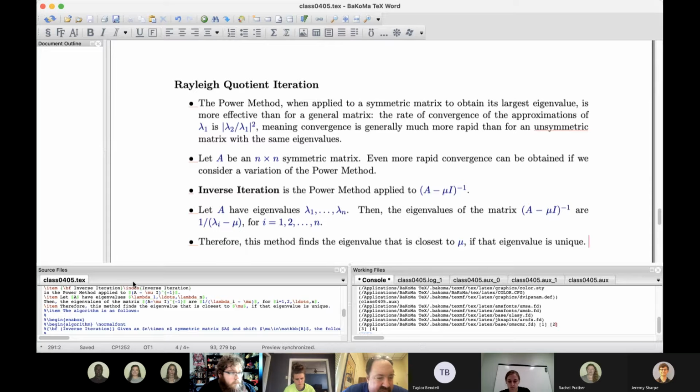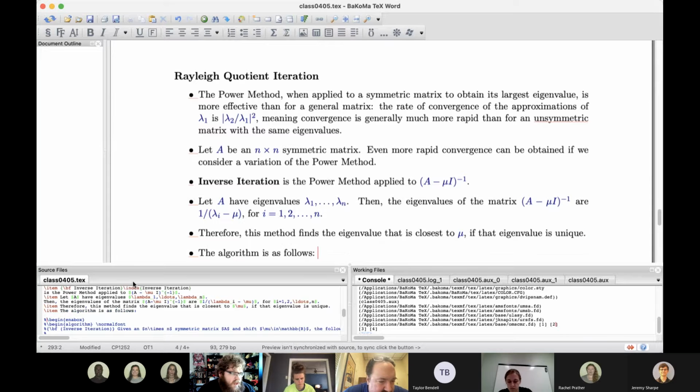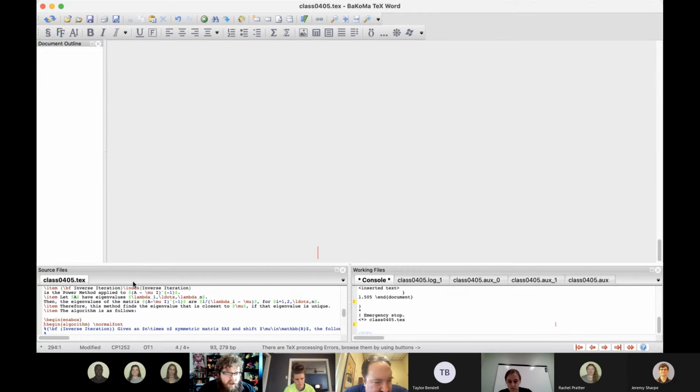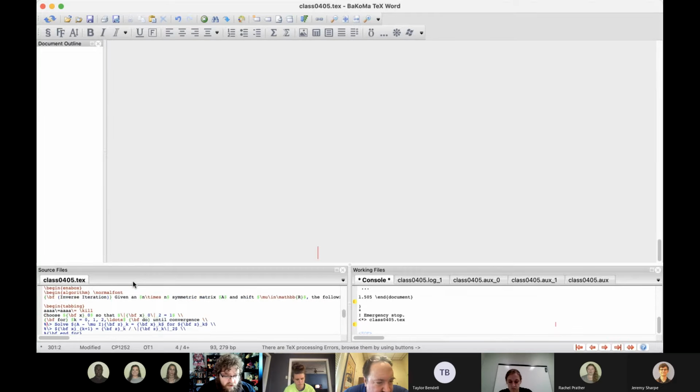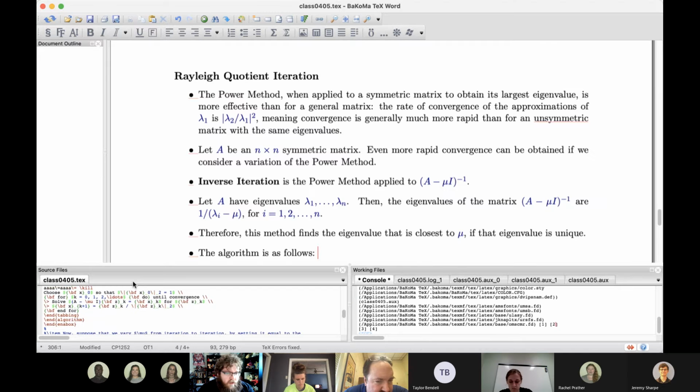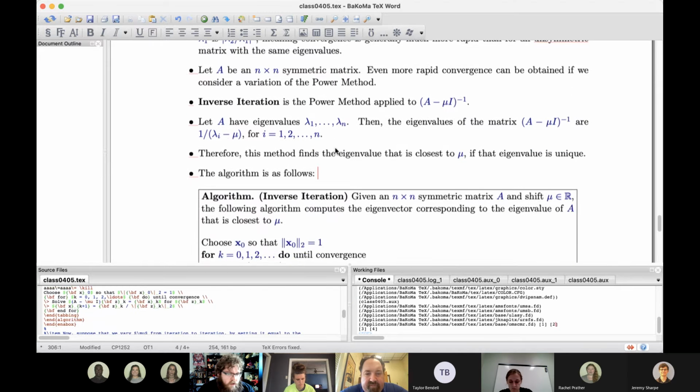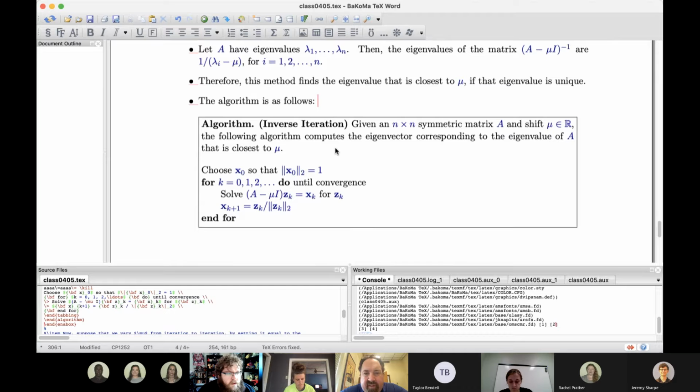Okay, so here's the algorithm. Not a whole lot to it in terms of steps. We choose some unit vector to start, and the shift is provided as input. Each iteration, you just solve this system of equations.